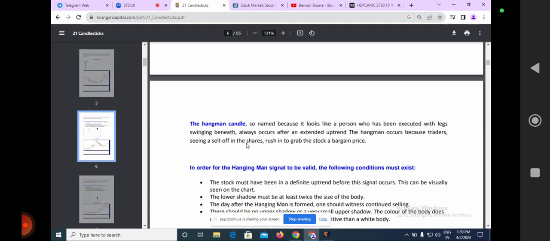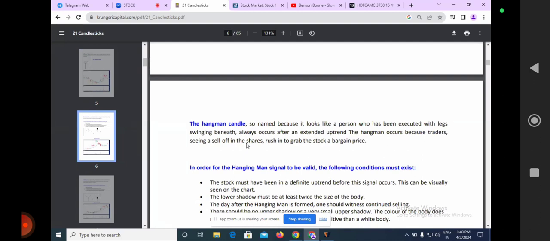You may say, sir, when the market is going up and I identify a hammer, as per your conditions the body is one and the tail is two, and the market is trending, so I can expect the market to go upwards. That is not true, my dear friends. Only when there is a downward trajectory will a hammer candle be valid.